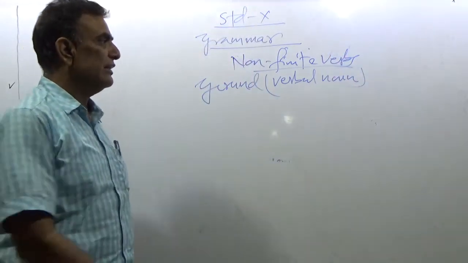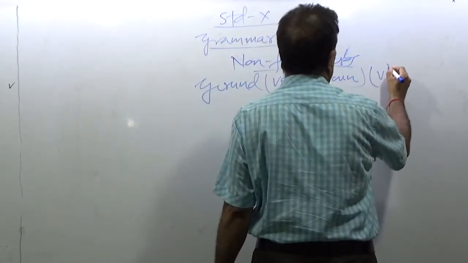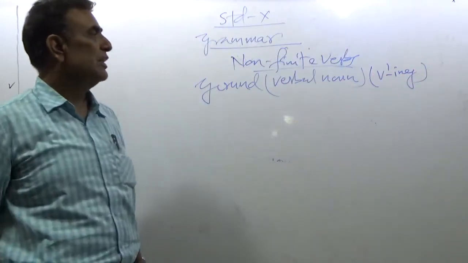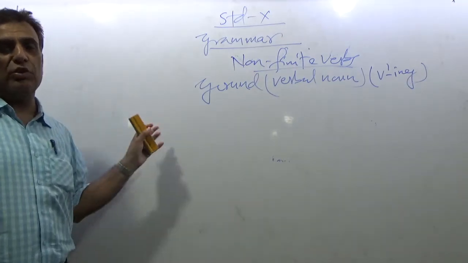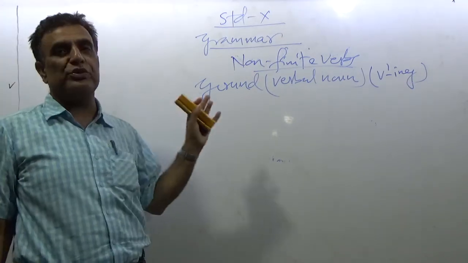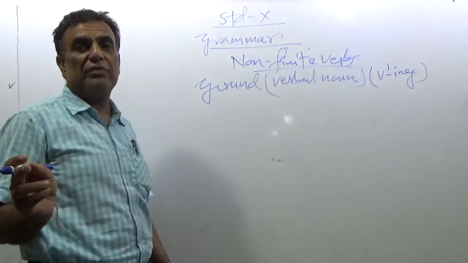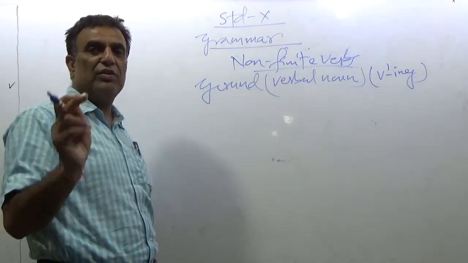It has also the ing form, but it is used as a noun. It is also an ing form, but it is used as a noun. But the function is of a noun.